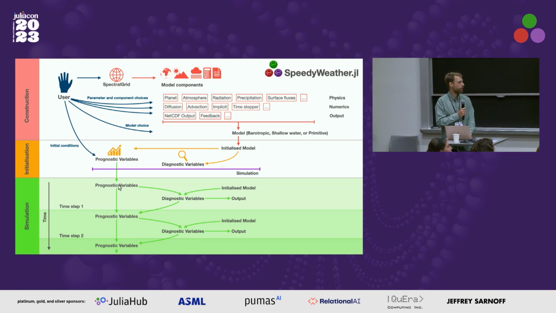It then passes that on, because this is in spectral space, into doing a spectral transform into the diagnostic variables, which mostly sit in grid point space. You may use some pre-computed stuff of the model, so that could, for example, be some terms that you already had to pre-compute. And this is how one time step is passed on from the first time step to the second to the third and so on and so forth.